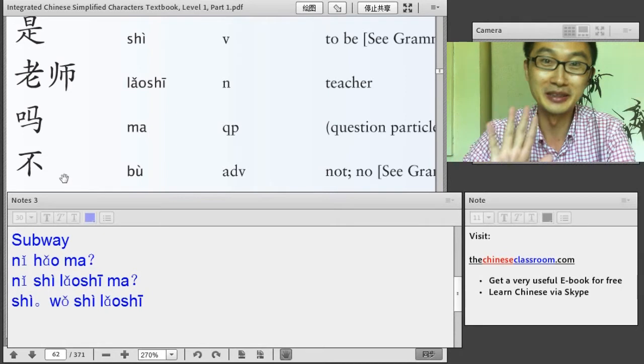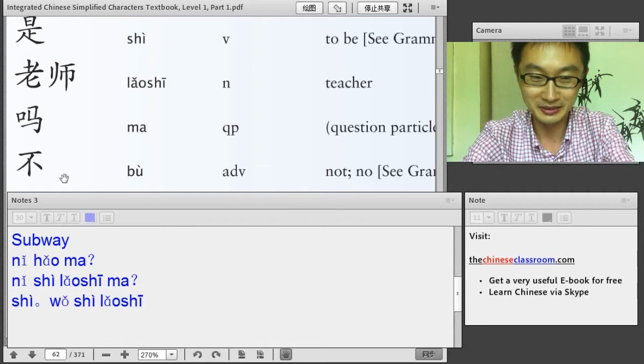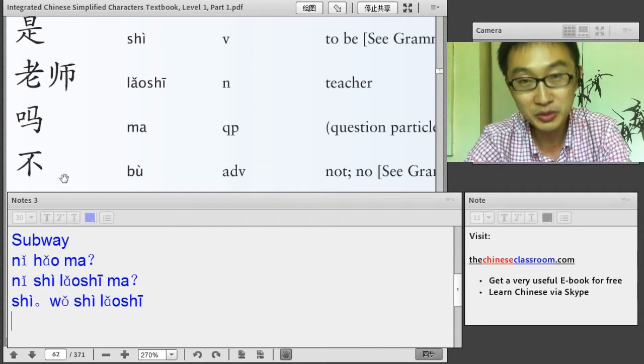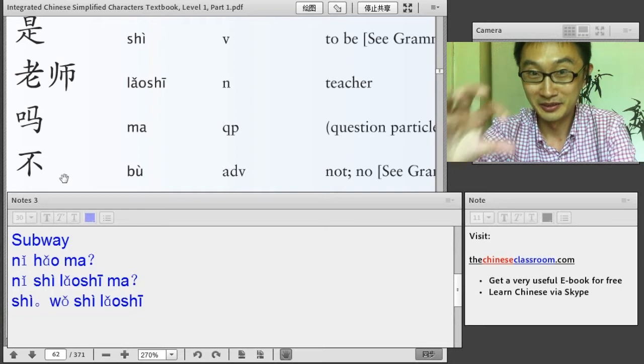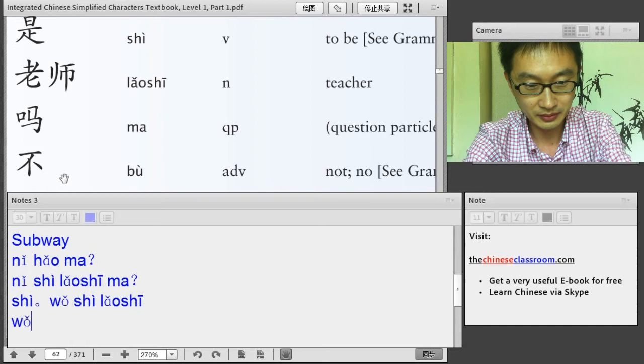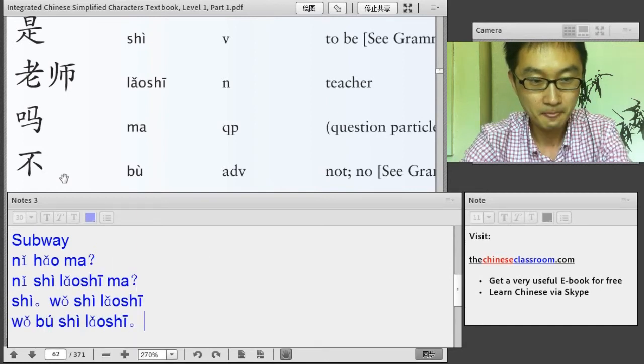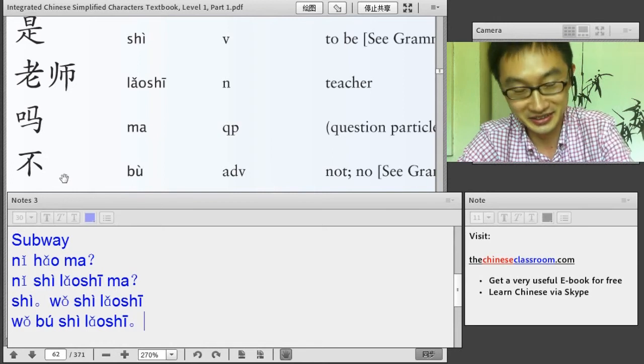So remember, 不 is to deny, no. Also could be not. So I'm not a teacher. You will say 我不是老师. You put this no, not before verb. 我不是老师. I'm not a teacher.